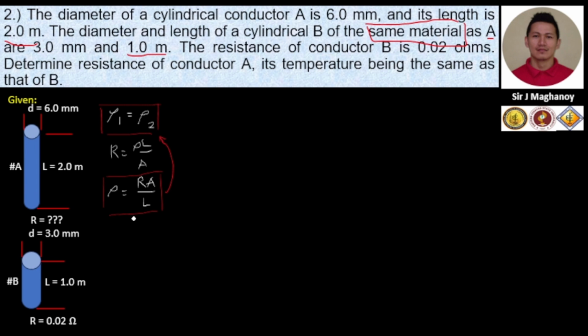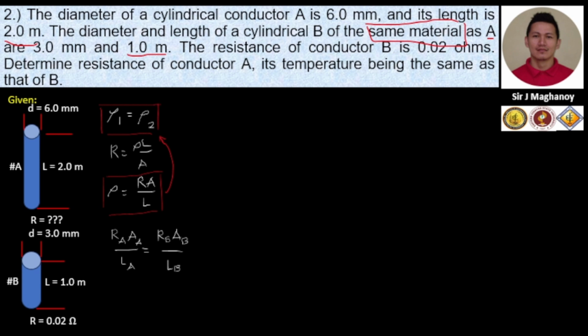Doing so, let's repeat the process. For conductor A, the resistance times the cross-sectional area of A, all over the length of conductor A, is equal to the resistance of B times the cross-sectional area of conductor B, all over the length of conductor B.